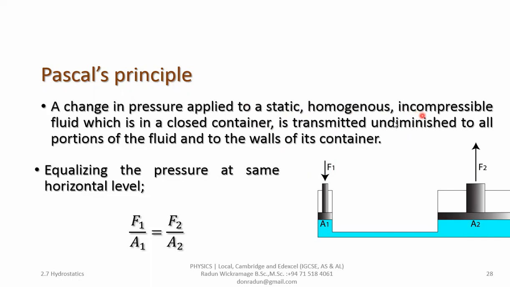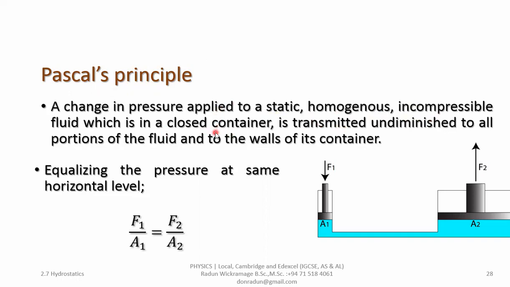So what are the conditions? Static. We are talking about hydrostatics here, so we have to take the fluid as static. And homogeneous. Can you remember what homogeneous is? I hope so. Right. And incompressible. These three conditions have to be satisfied to apply Pascal's principle.